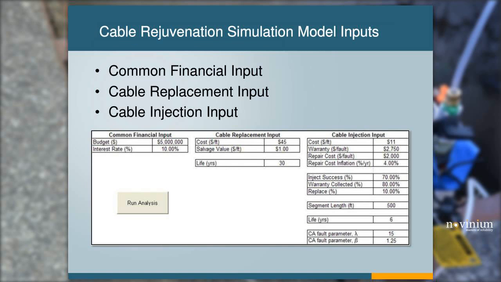Example of the inputs that you'll see here, again, for a $5 million budget at 10%: you see our cable replacement inputs, our cost per foot, we have a salvage value, a life of 30 years. Our injection inputs: our cost for injection, a warranty and a repair cost, how much we're successfully injecting, how much warranty we would anticipate to collect, historically how much we typically replace of that cable, and the segment length that we would be taking out per fault.